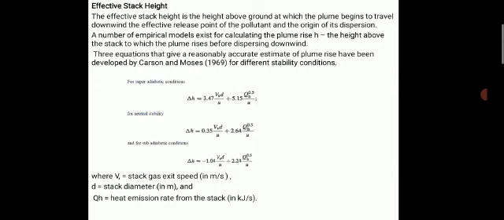For the neutral condition, delta H equals 0.35 times the stack gas exit speed times the stack diameter divided by u, plus 2.64 times the heat emission rate from the stack, to the power 0.5, divided by u. For subadiabatic conditions, the formula is shown. The parameters are the same.